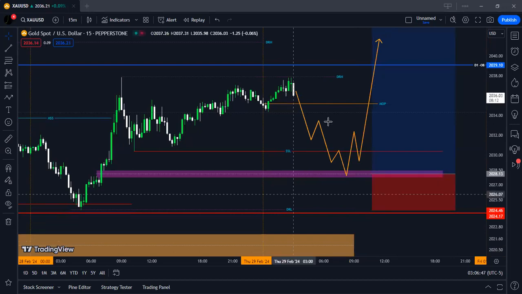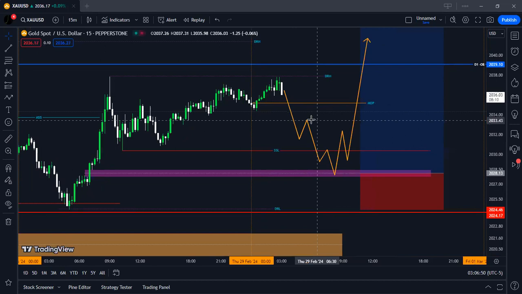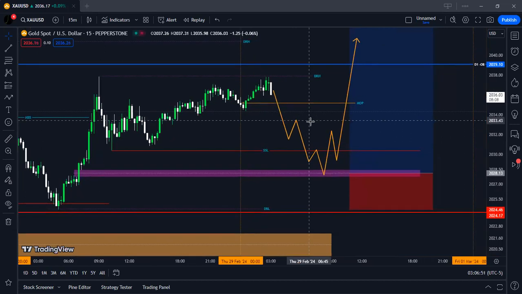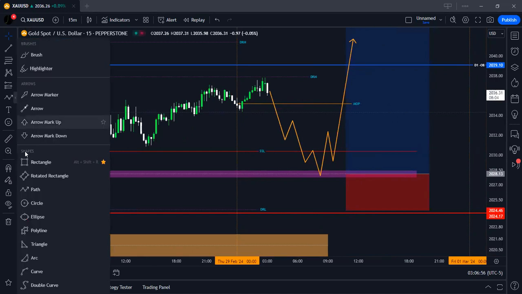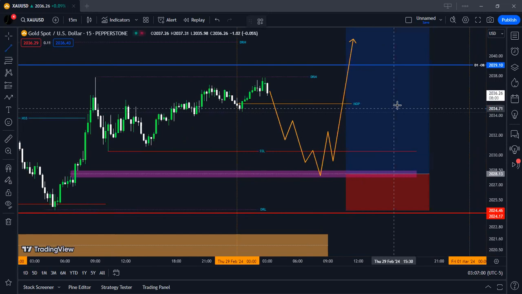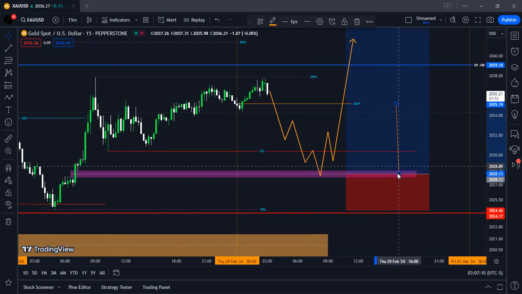So how do we expect today's candle to look? Okay, today's candle would look something like this. Below the opening price, we will have the wick up to that fair value gap.